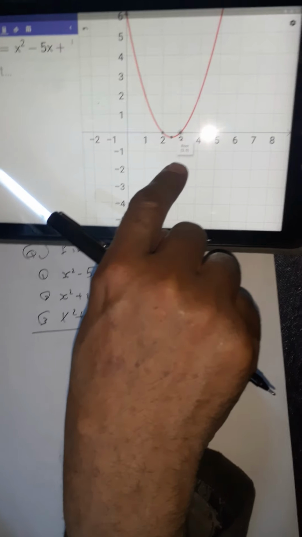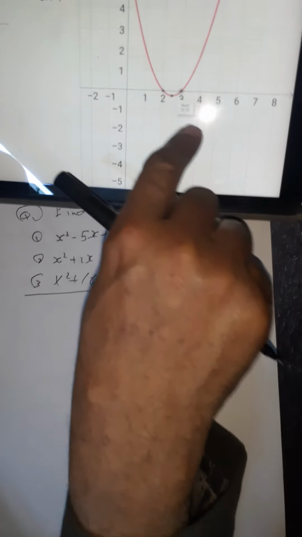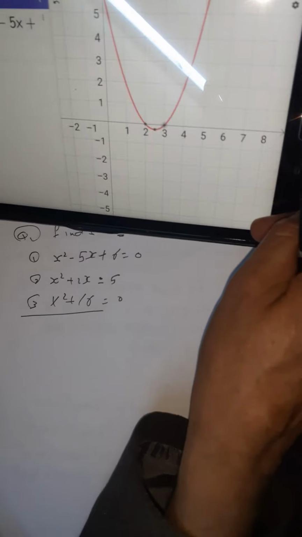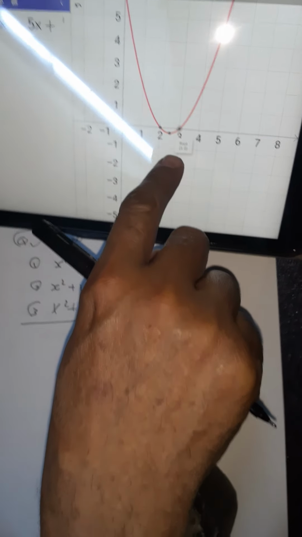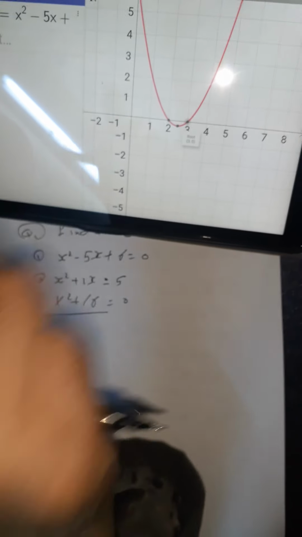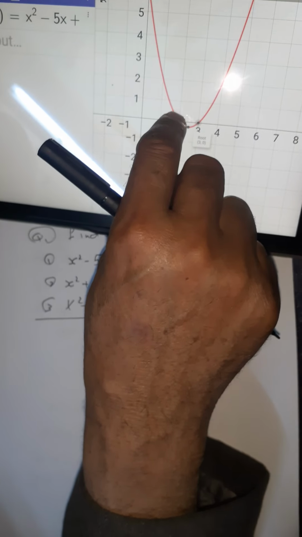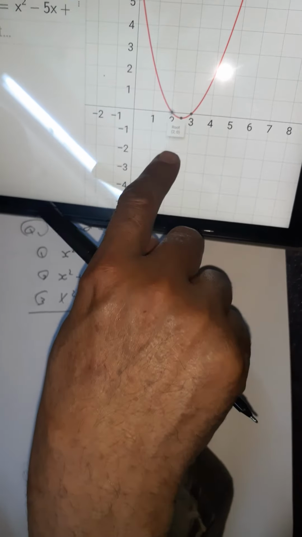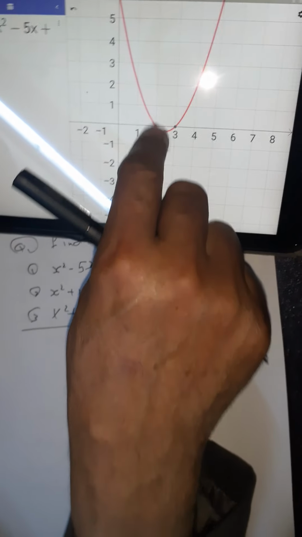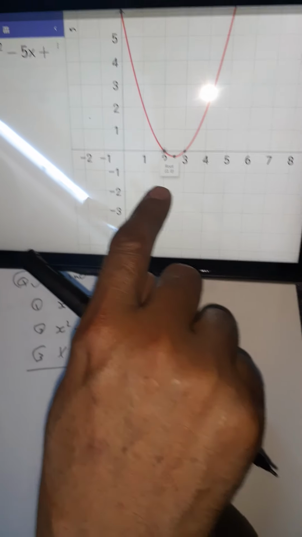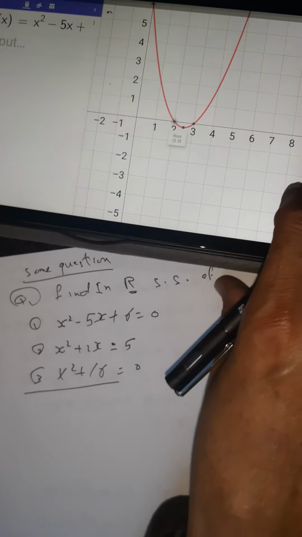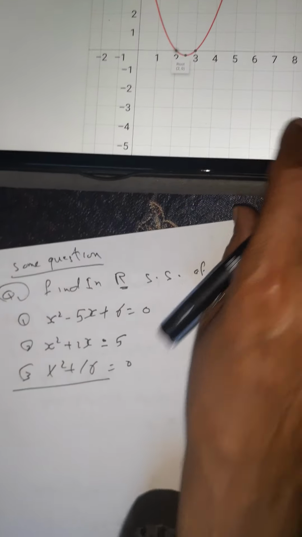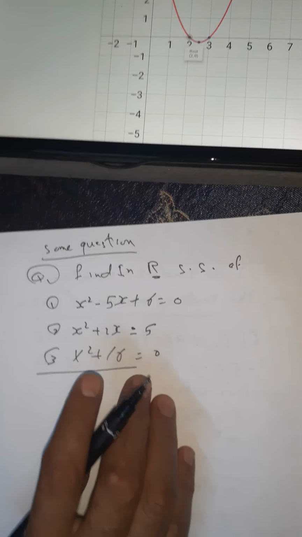We can show this point, the coordinates of this point equal 3 and 0. 3 is one root, and pressing again on this point, we can see the other root, 2 and 0. Then the two roots are 2 and 3, and so on. This was question number 1.